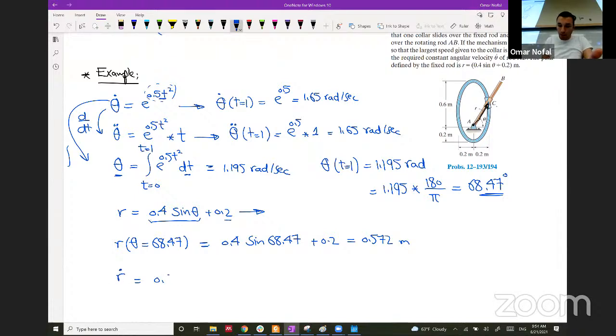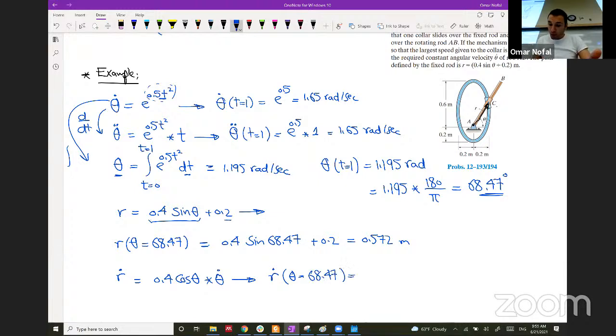It will be 0.4 cosine theta multiplied by theta dot. So let's get r dot at theta equal 86.47.